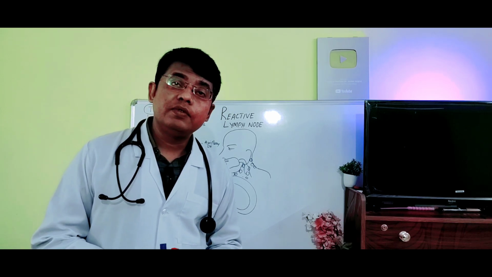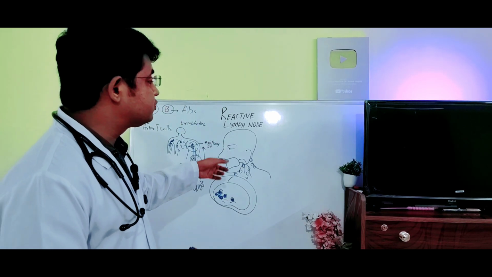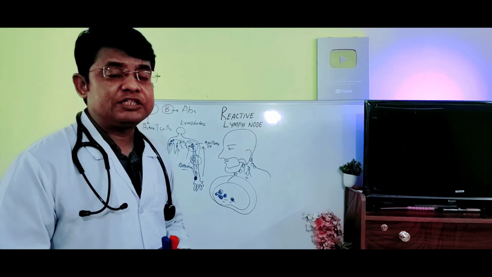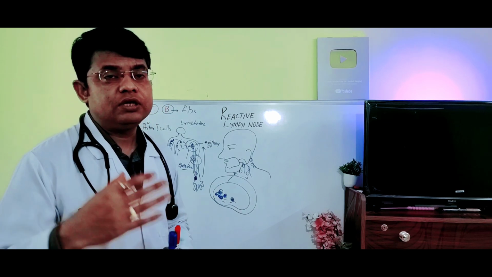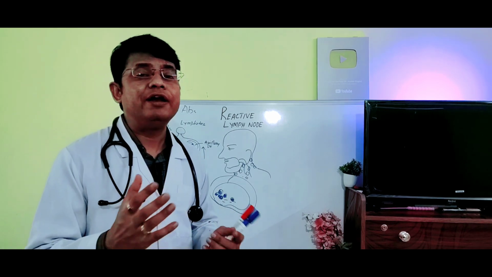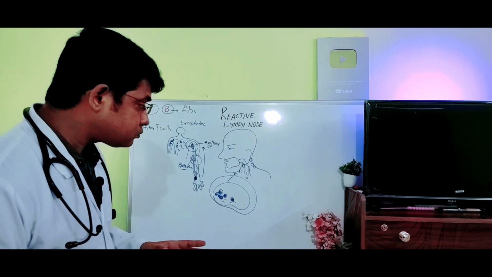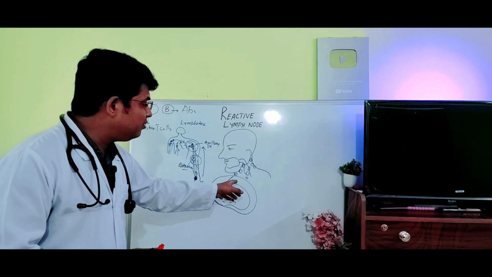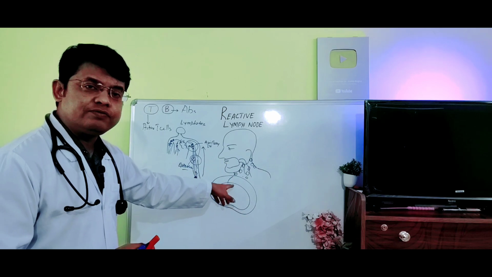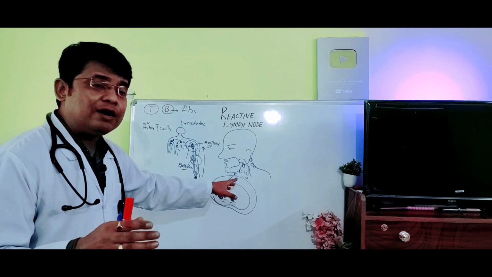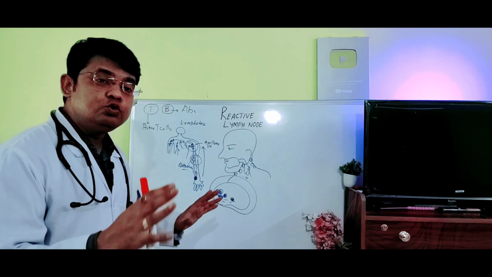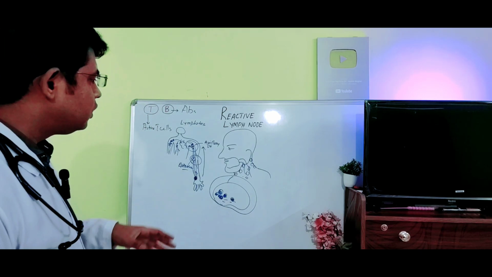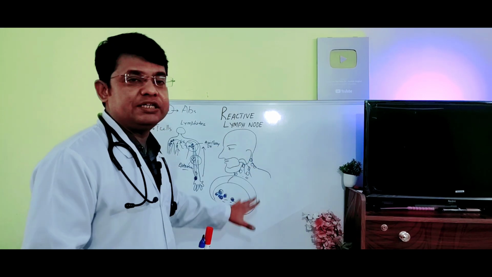But if after control of the infection the lymph node swellings persist, then we must proceed for some investigations like fine needle aspiration cytology or any biopsy or any kind of radiological investigation, etc. So if the infections are controlled and the lymph nodes are still enlarged, then we have to proceed further with the investigations to find out whether this lymph node swelling is due to any kind of malignancy or any bad thing.